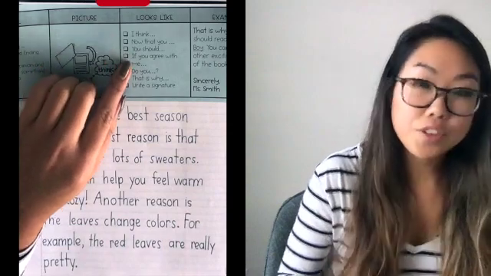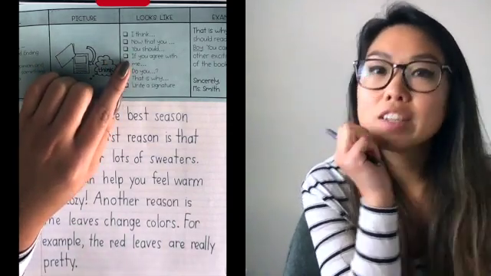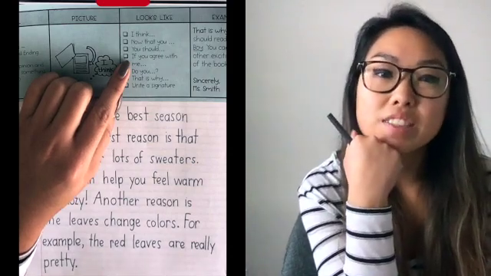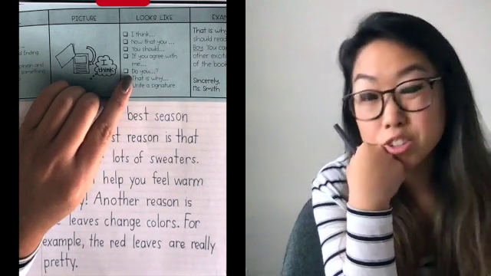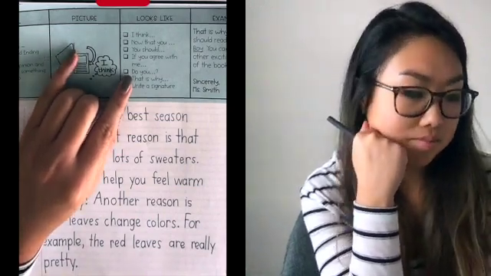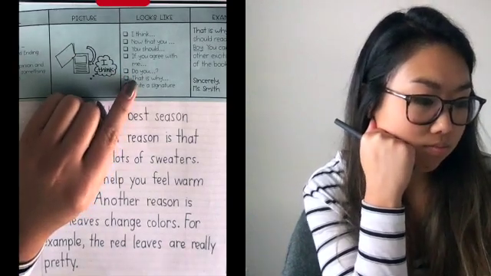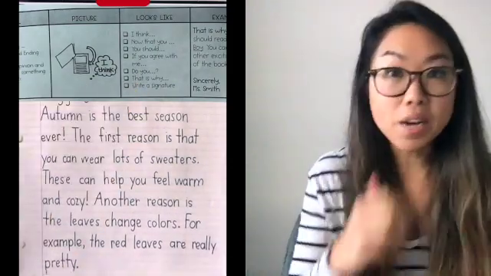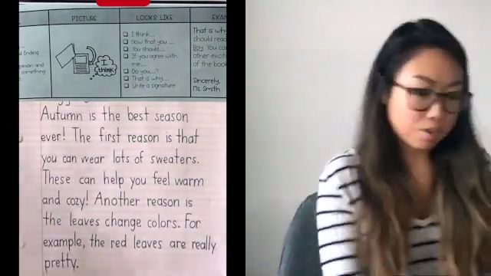Maybe. If you agree with me, then you could try to convince somebody else. Do you agree with me now? Do you agree that autumn is the best season? That is why autumn is the best season. Ooh, I like that one. That is why. That's what I'm going to write.